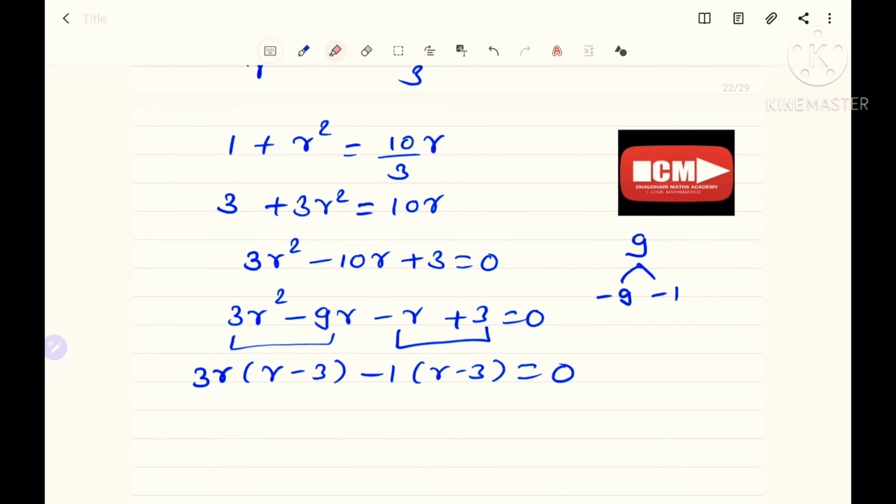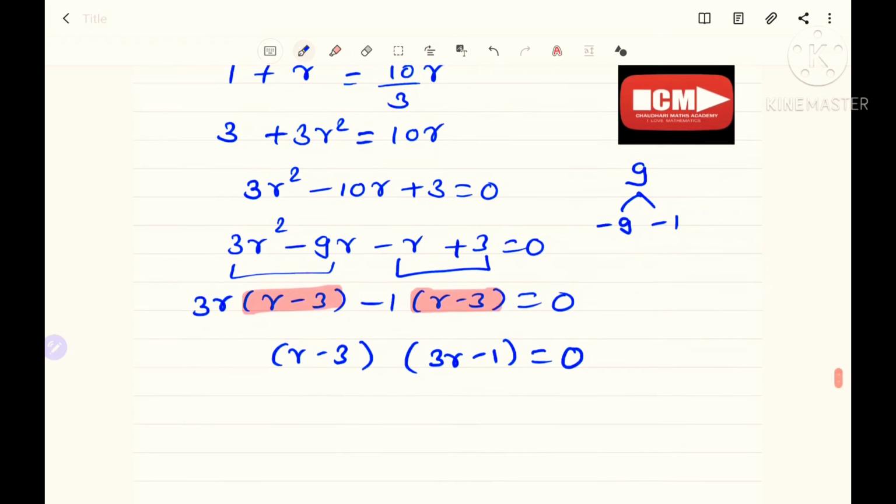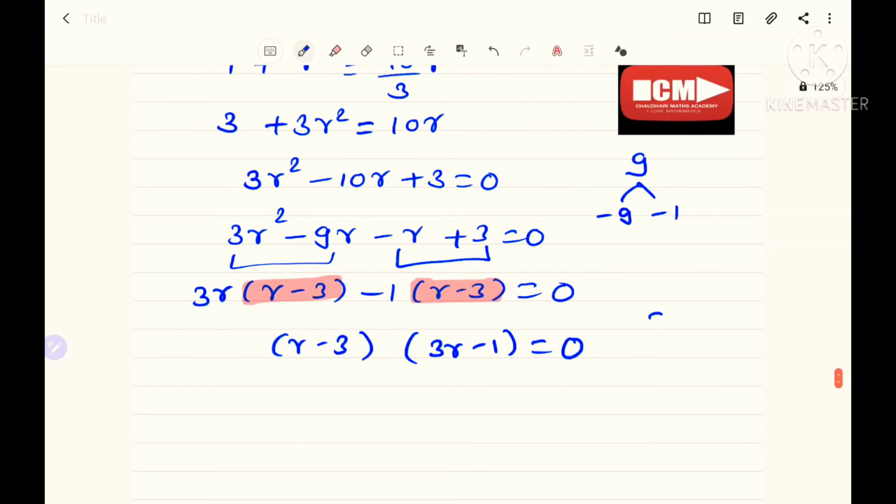So R minus 3 is common, and the factors are R minus 3 and 3R minus 1. This leads to two values of R: either R is equal to 3 or R is equal to 1 by 3.